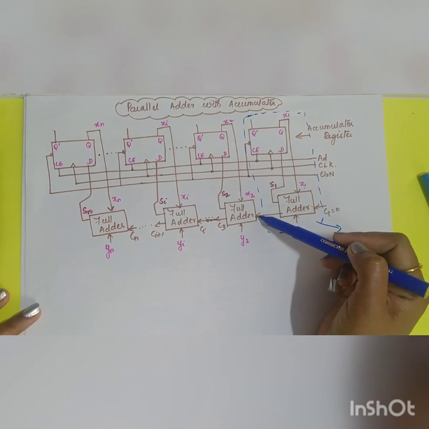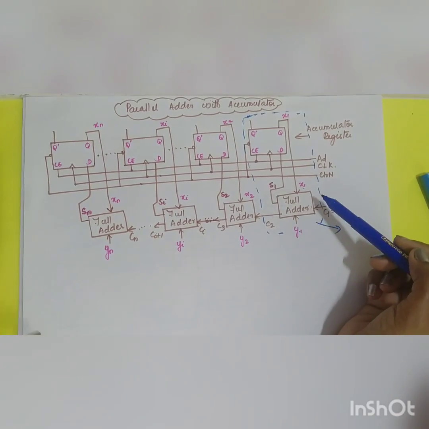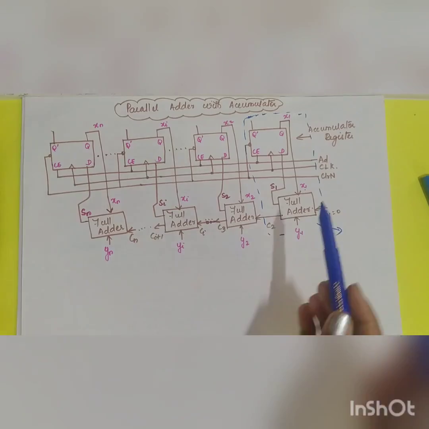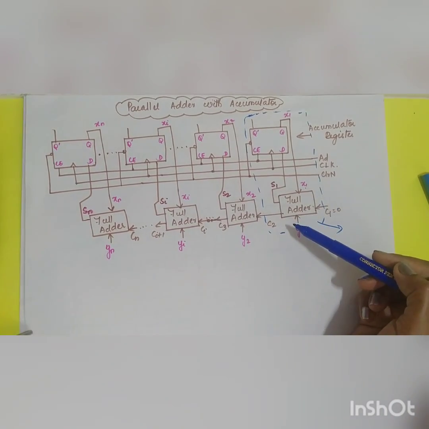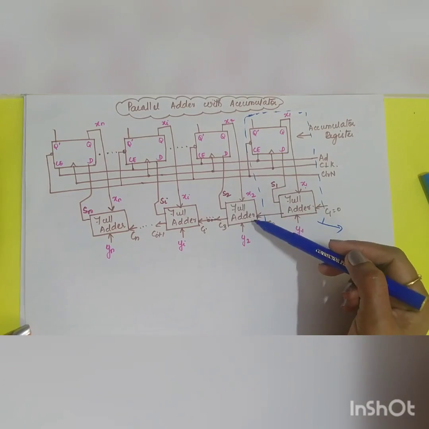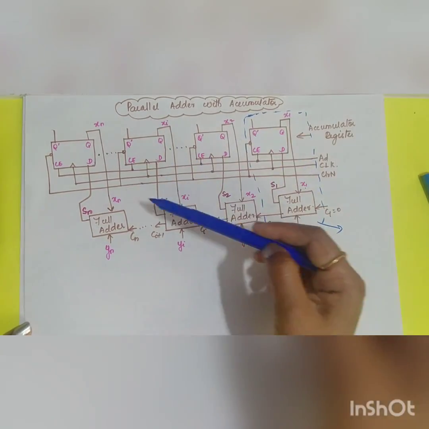The carry signal will be forwarded to the next full adder, just like in a full adder operation. For example, if your input is 1 1, then sum is equal to 0 and carry will be 1. That carry will be forwarded to your next full adder, and it goes on. So this is the structure of your parallel adder.